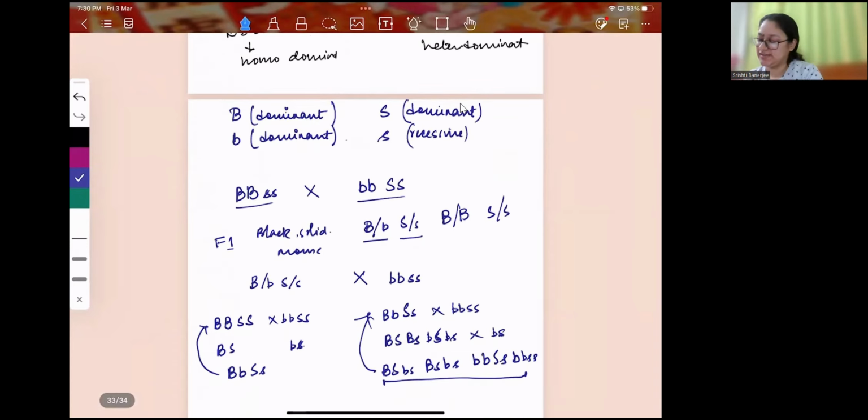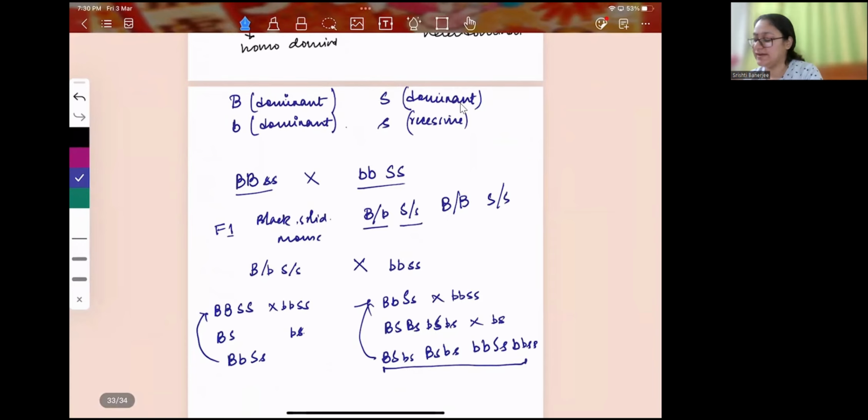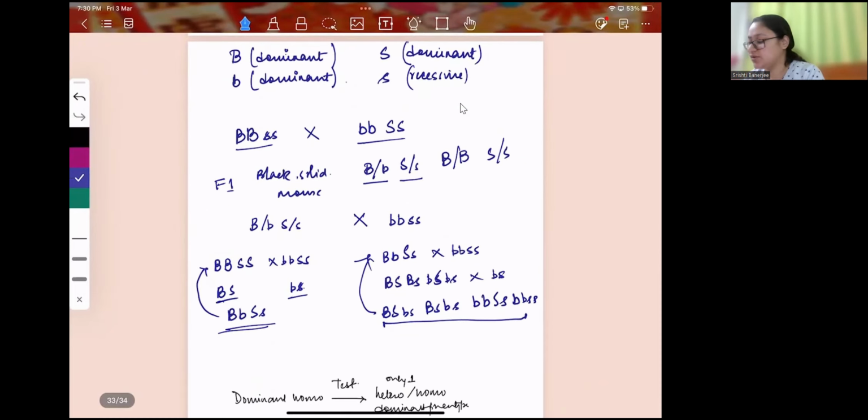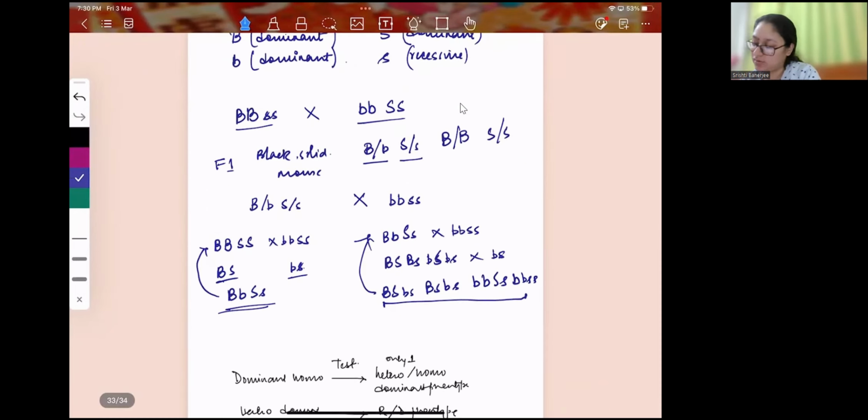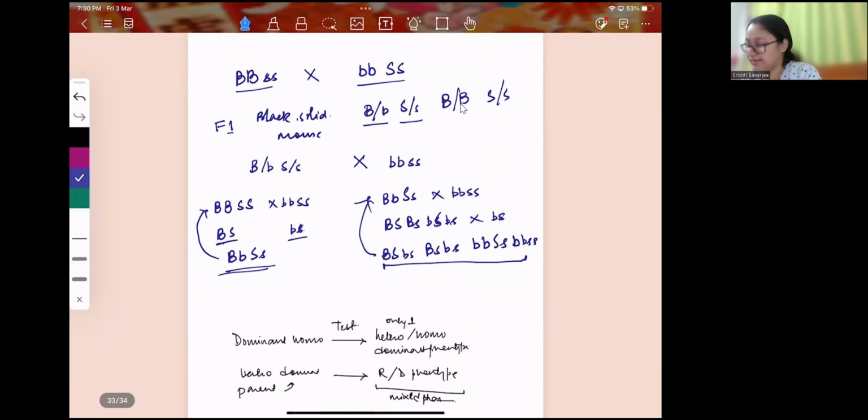Now let's see the scenario that if it was completely homozygous dominant, then what would have been the genotype? The gametes would be BS and small b small s. It would give a heterozygous condition. So for it to be a dominant homozygous, the test cross should give me only the dominant phenotype.